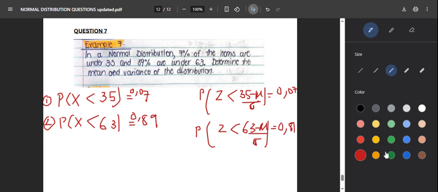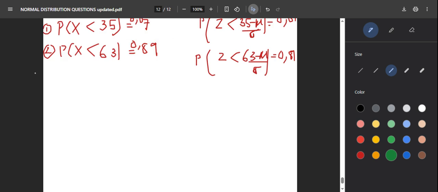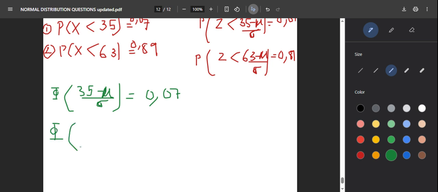Now, what did we say if we have got the probability of z being less than z? It becomes phi of the small z, right? So we'll now have phi of (35 minus mu) over sigma is equal to 0.07, and then phi of (63 minus mu) over sigma is equal to 0.89.